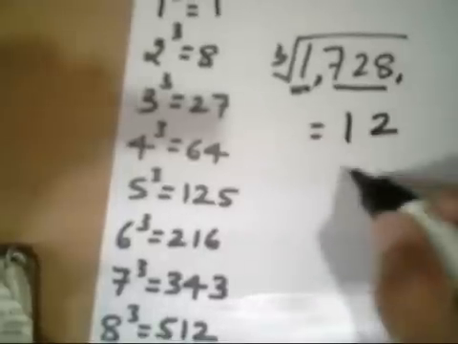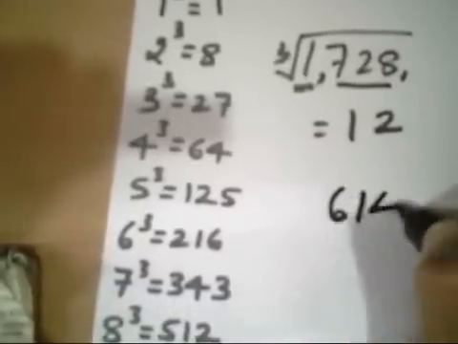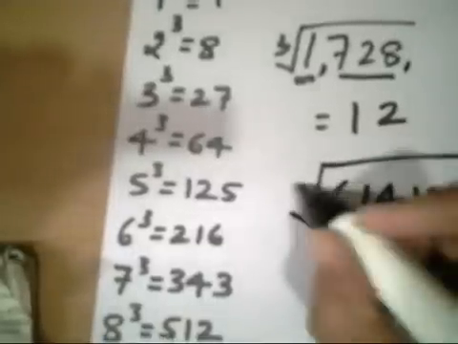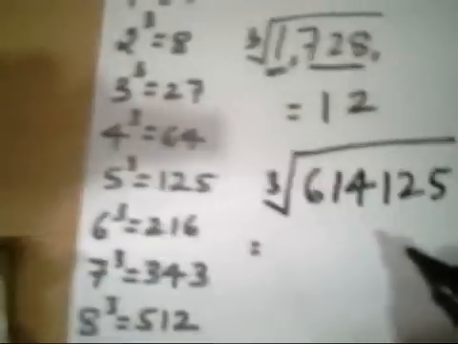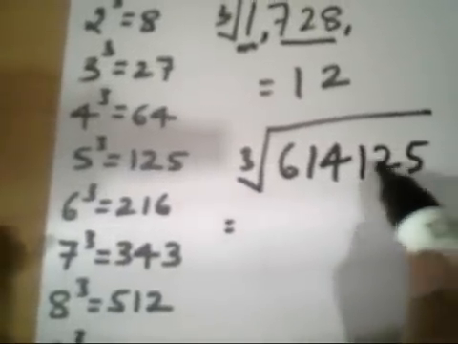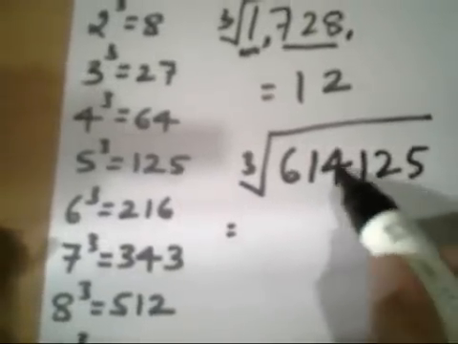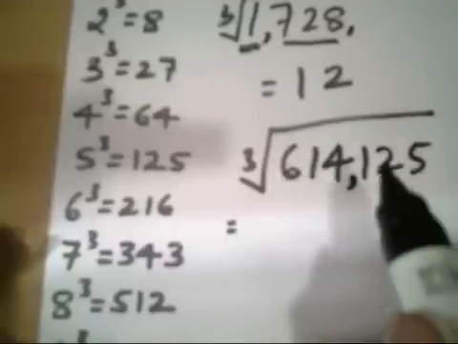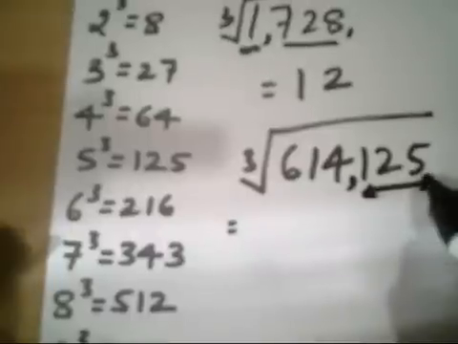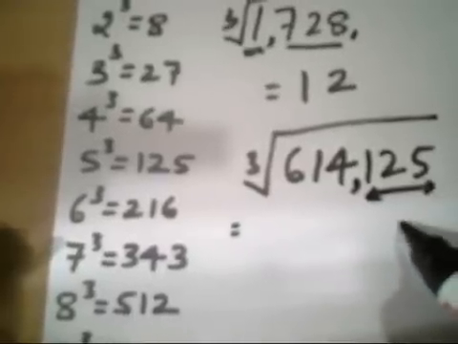Let us take another example and see. Let me take 614125, and I have to find the cube root of this. Again, make groups of 3 digits from the last digit: 125 is in one group, 614 is in the other group. In the first group, the last digit is 5, so my cube root's last digit also should be 5.